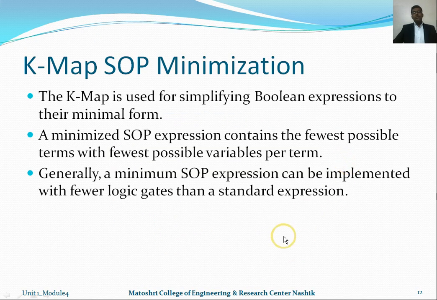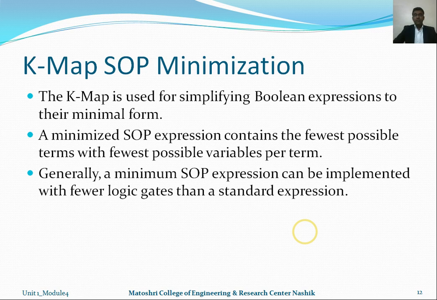K-map SOP minimization is utilized for simplification of Boolean expressions to their minimum form. The minimized SOP expression contains the fewest possible terms with the fewest possible variables per term. That is the aim of the K-map: to minimize expressions to the fewest terms with very few variables, which means a reduction in the number of logic gates.